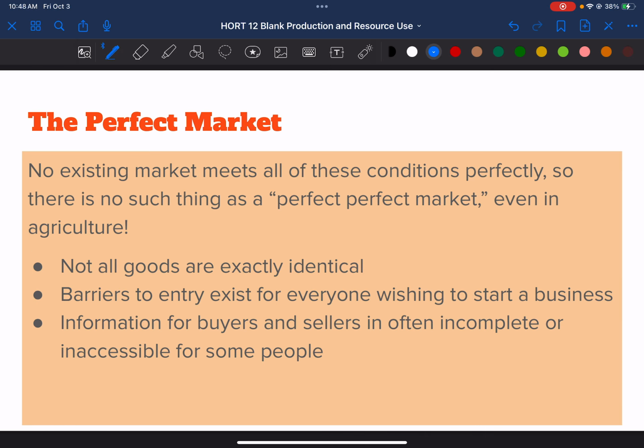Some people have more money to invest in starting a business. Other people may not have access to that money. They may not have access to loans. They may not be legally allowed to own a business. So while for the most part, anyone can enter an agricultural business, it's not necessarily true for everybody.